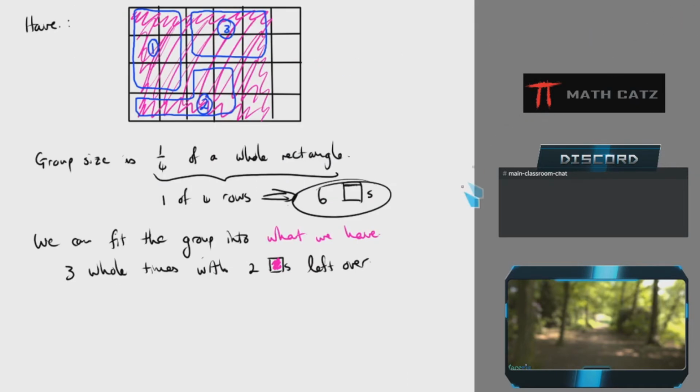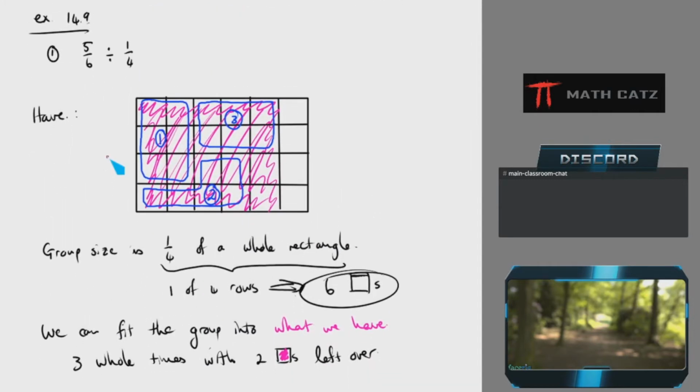But for division, it's not. For division, I start with a portion of a rectangle, right? But because of the instructions of having to count how many times I can fit something else in, the answer isn't a portion of a rectangle.